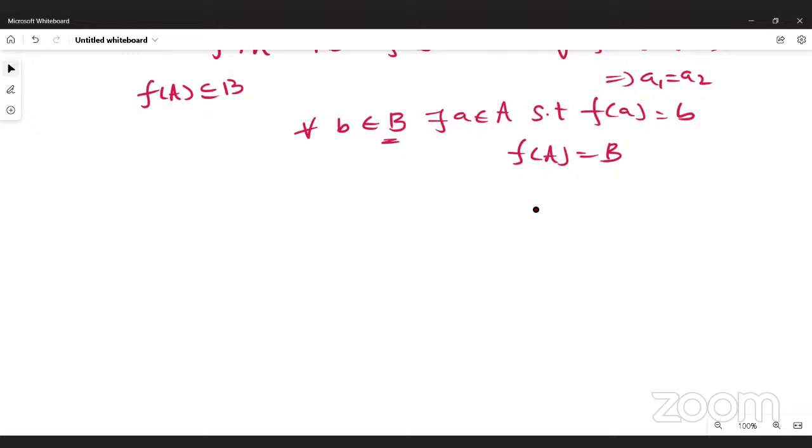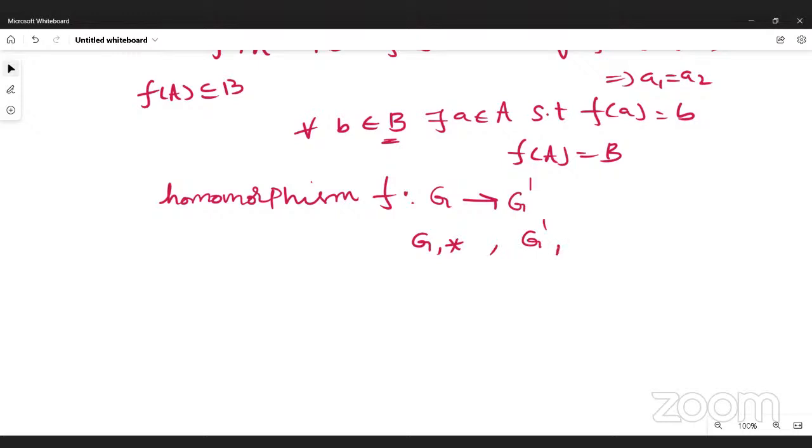Next, we are going to study a special kind of function called homomorphism. What do we mean by homomorphism? Suppose f from G to G dash is a mapping. Here G is a group with respect to star and G dash is a group with respect to circle.